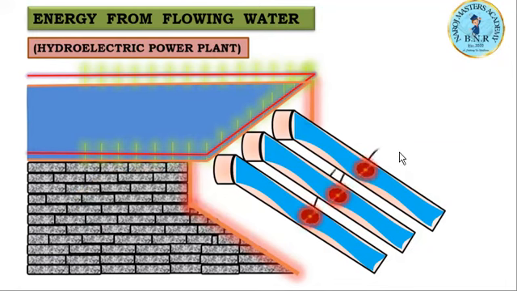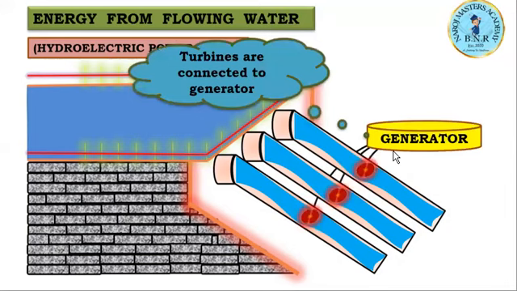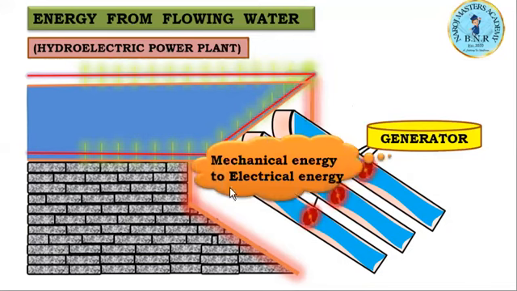So this is what we call the generator here. Turbines are connected to the generator. So mechanical energy to electrical energy later. What is the purpose of the generator? The generator will convert mechanical energy to electrical energy.